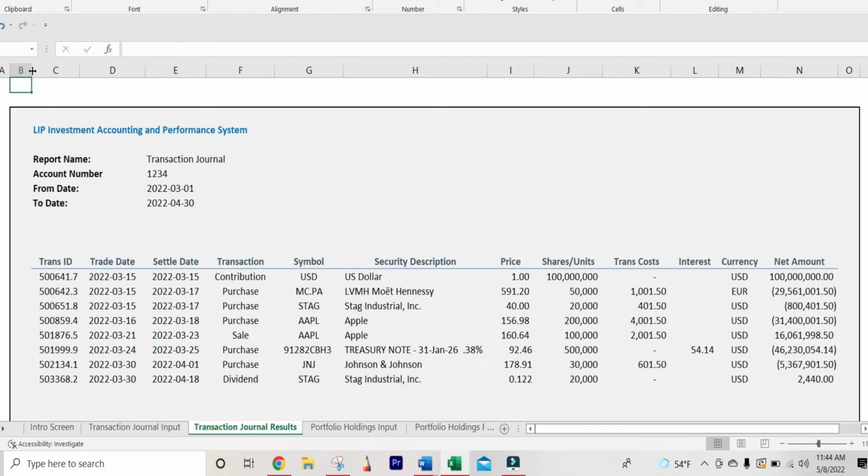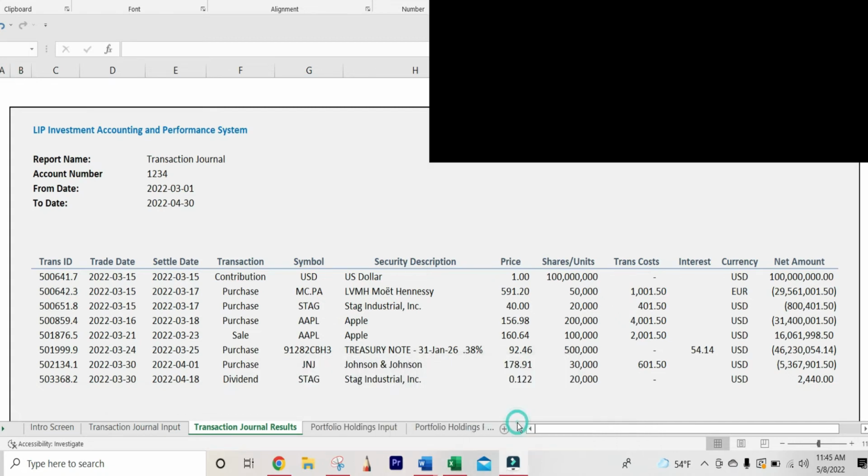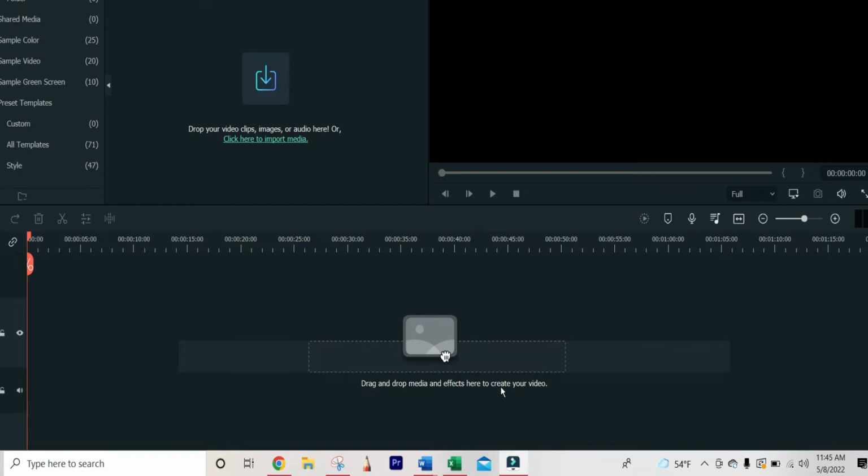You can see this is the US dollar, so the client was contributing money into the account. It can also be called inflow or funds in, so it doesn't always have to be called a contribution. The name might be different in your system, but that's what it means in theory, is that the client is contributing money.